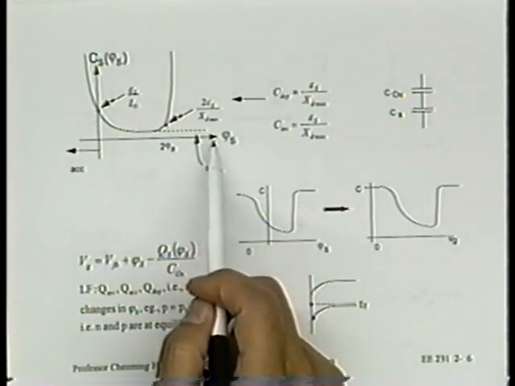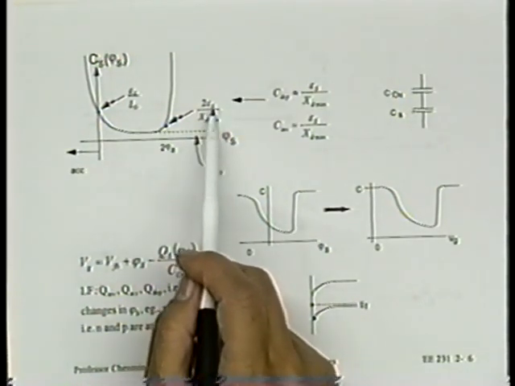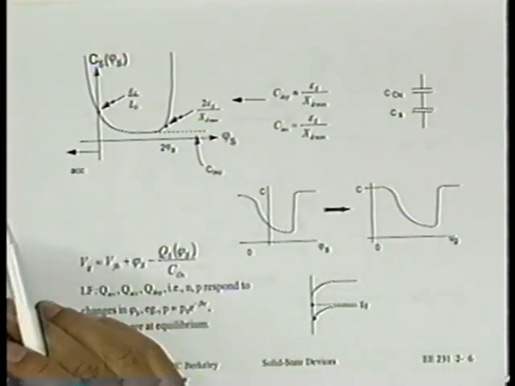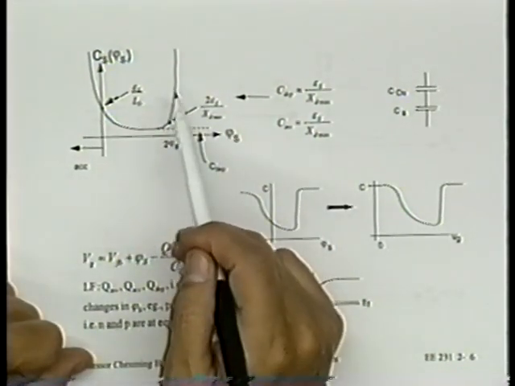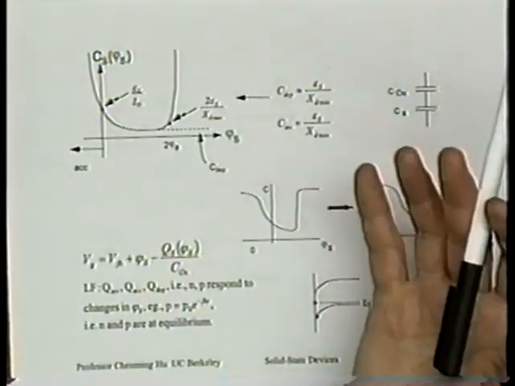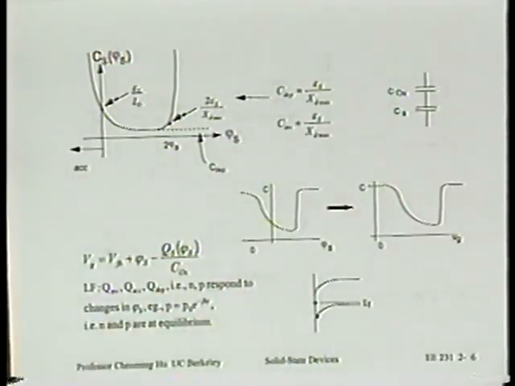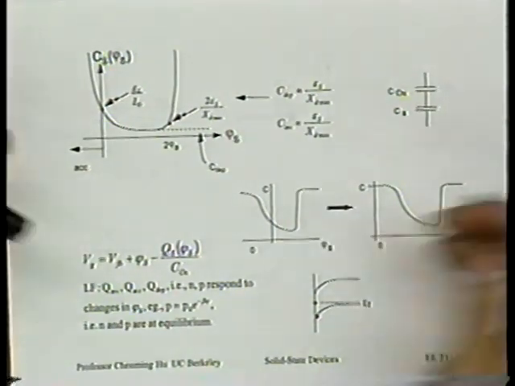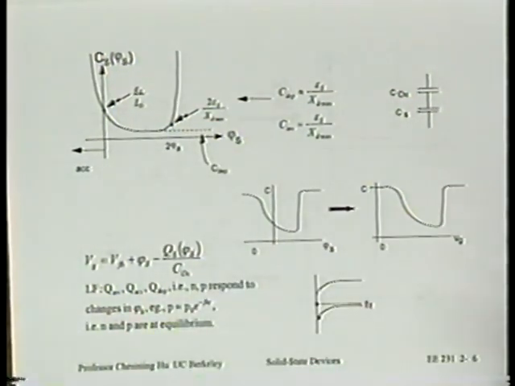At phi s equal to 2 phi b, we have figured out it happens to be 2 epsilon s over xd max. Two times, not one time. In between, we cannot give you a simple equation other than refer you to that exponential function. It's not too bad, actually. In general, if you plot it, it's this shape.